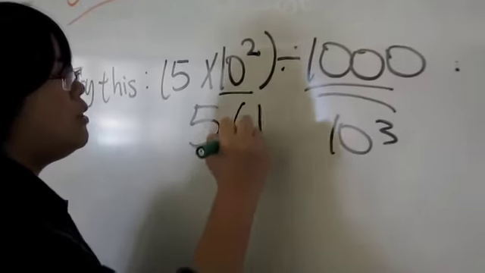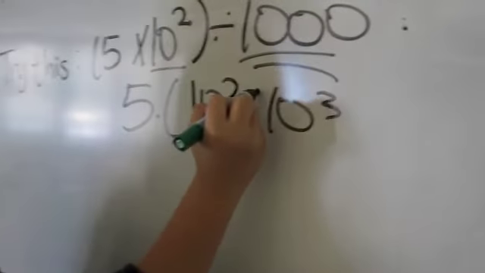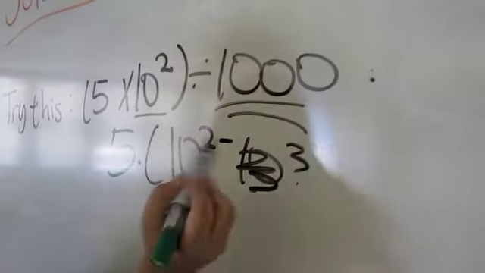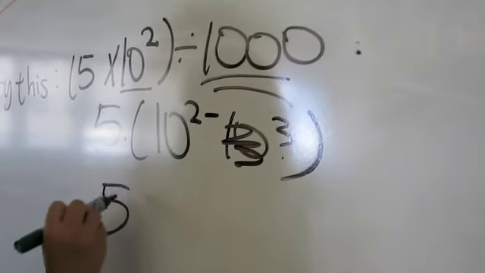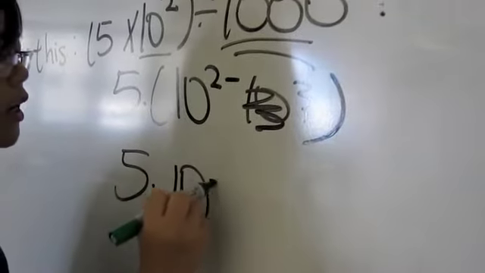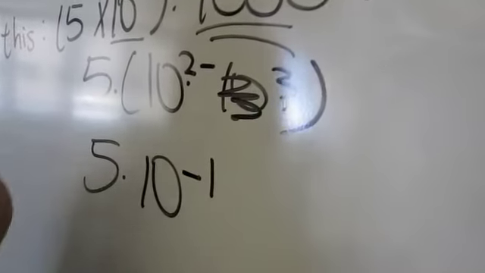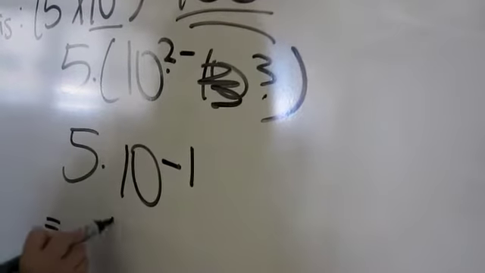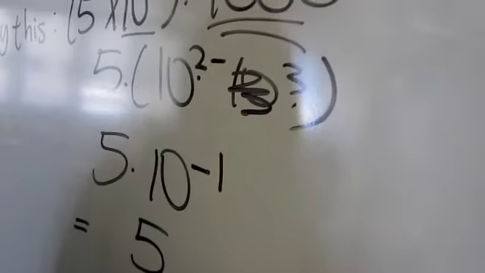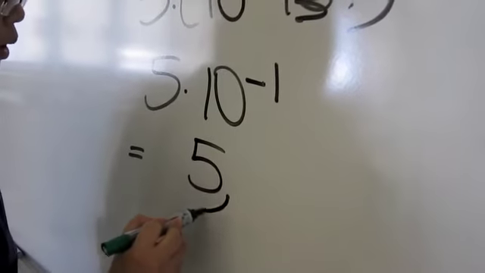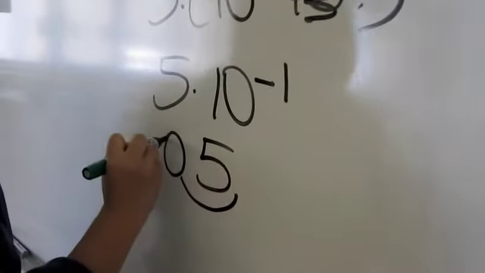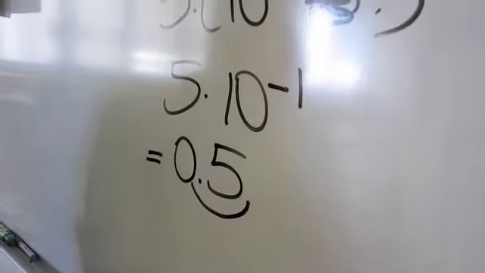So 10 to the 2nd power minus 3. And it's 5 times 10 to negative 1, because 2 minus 3 is negative 1. So then here's how you do it. 5, you put a decimal point here, and you move it back once, 1, 0. And the answer is 0.5.